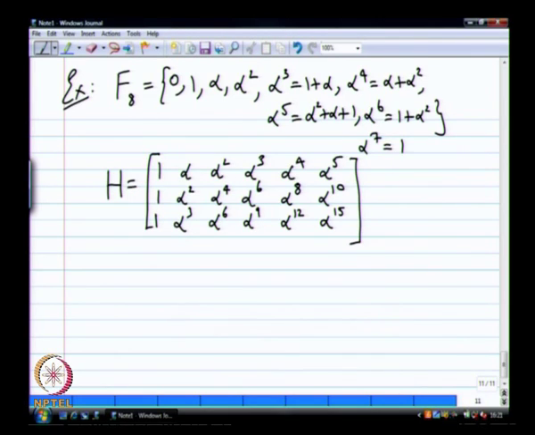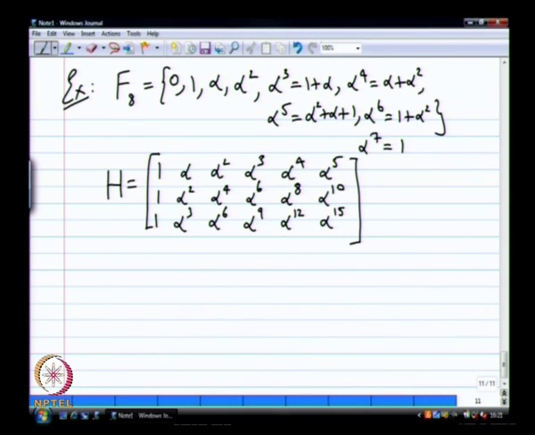Okay. So of course you can argue I do not have to write alpha power 8, alpha power 10 and all that. What is alpha power 8? It is actually alpha. Alpha power 10 is alpha power 3. All those things I can write, but I think it hides the form if I write that. Okay, so if I write it this way, you see the form very easily, right?